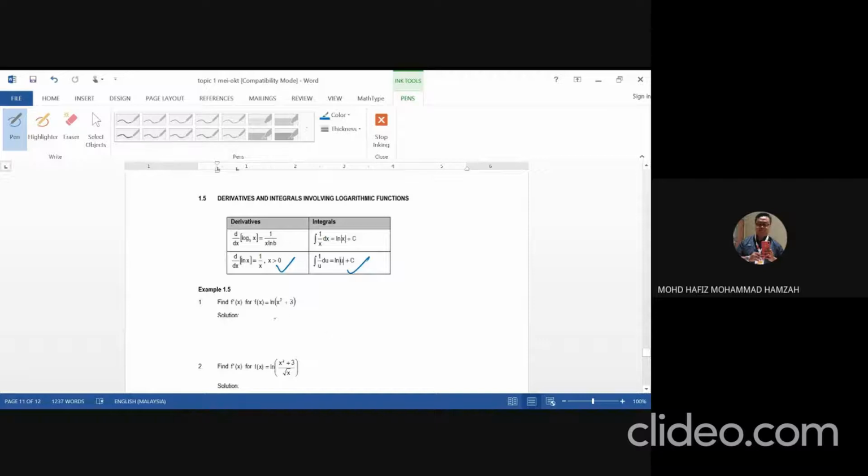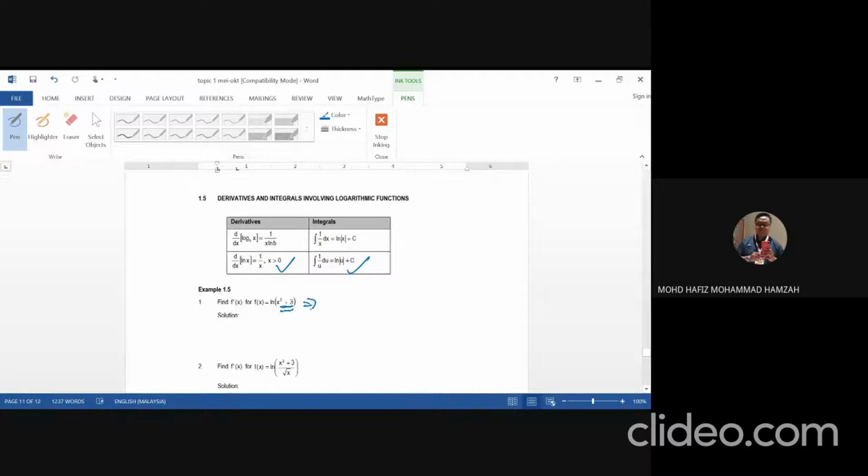Okay, so dekat sini that means when you do the derivative, so you have to differentiate the function inside. Ini adalah sama macam composite function. Kalau masih ingat lagi calculus 1 atau pre-calculus tak silap saya, ada composite function. Kita kena differentiate function di dalam function kan.